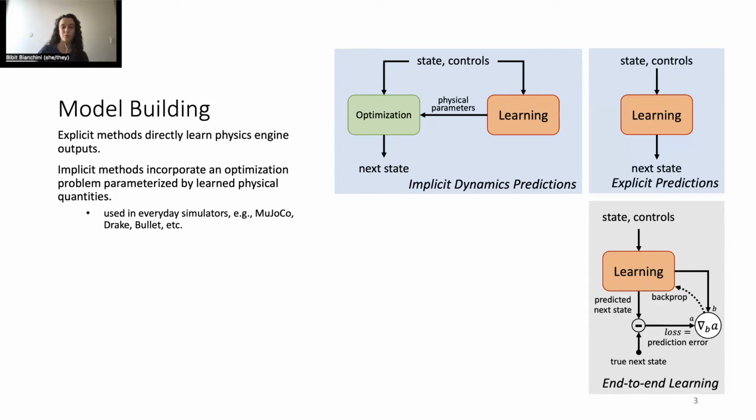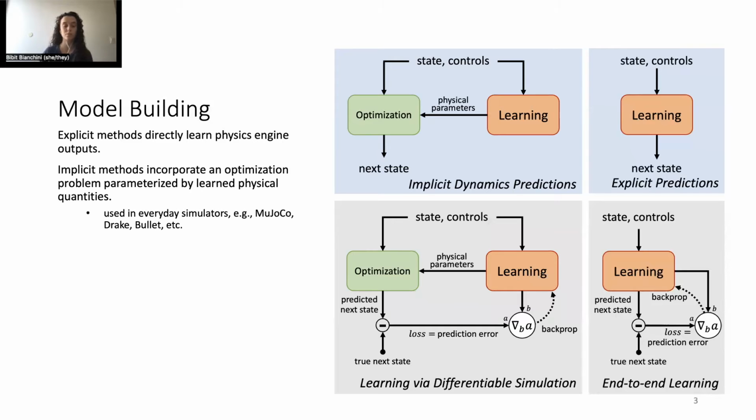A straightforward way to train this learned block is to, again, just perform backpropagation through the whole chain, including through the optimization problem. So what can we say about how the two of these approaches generalize?